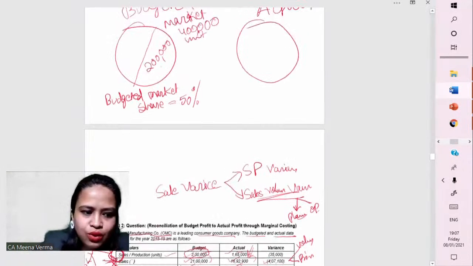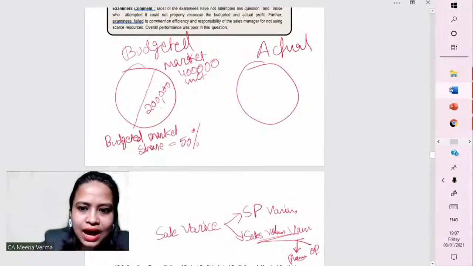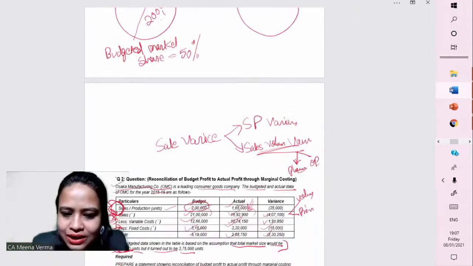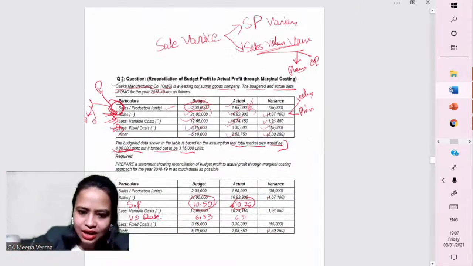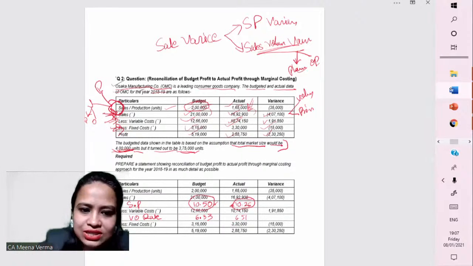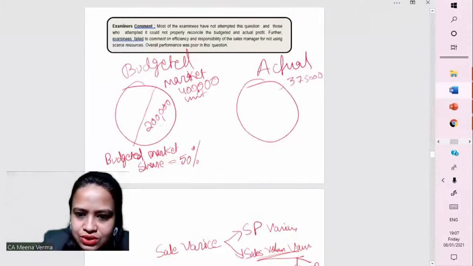While what was the actual sale in the market? 3,75,000. This is the actual sale of the entire organization in the entire market. Out of which this company is selling 1,65,000 units.